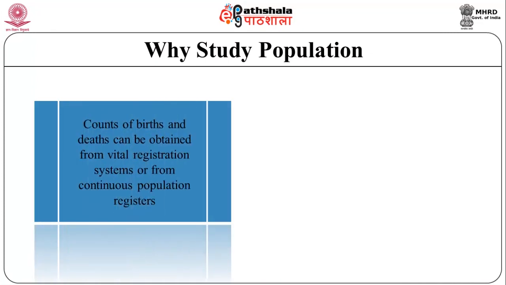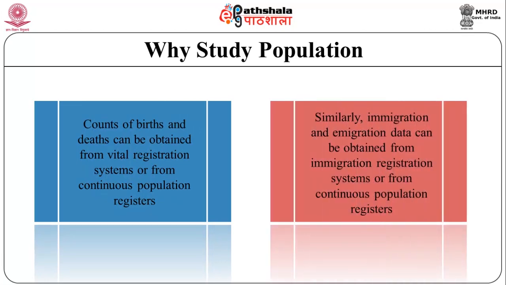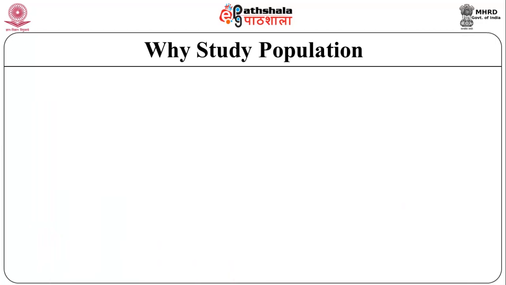Counts of births and deaths can be obtained from vital registration systems or from continuous population registers. Similarly, emigration and immigration data can be obtained from immigration registration systems or from continuous population registers.